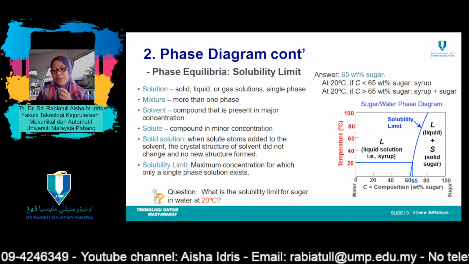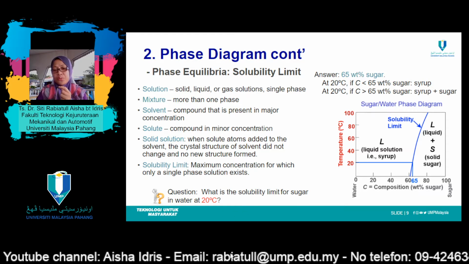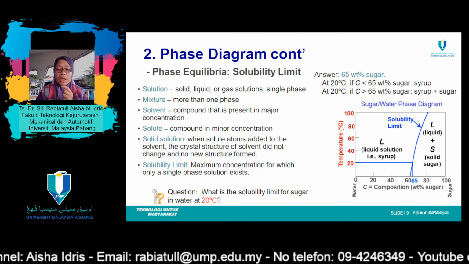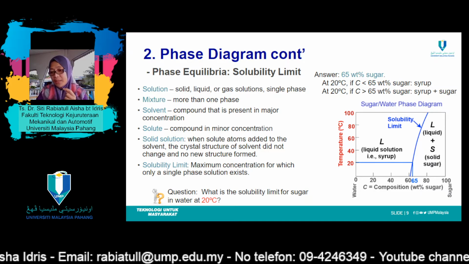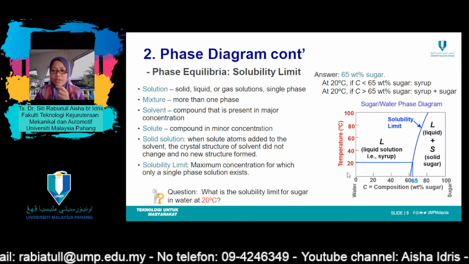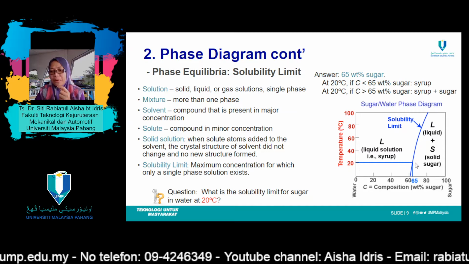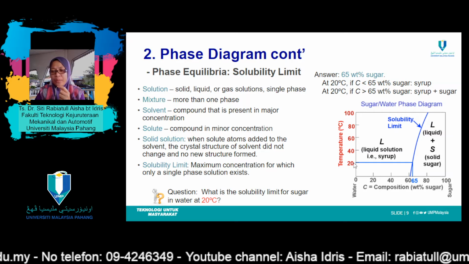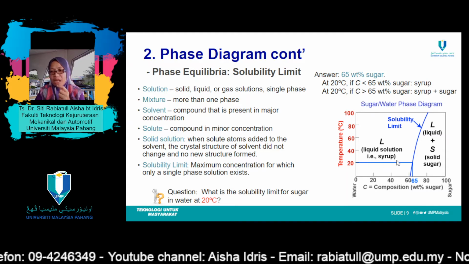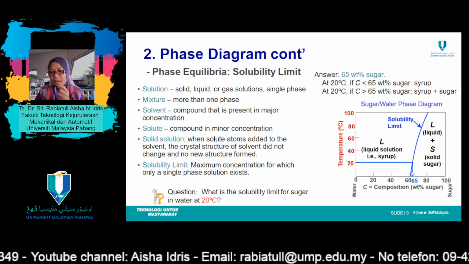And let's do an example where the question asks you to determine the solubility limit for sugar in water at a temperature of 20 degrees C. So if you look at this diagram over here, 20 degrees C for temperature, at this point, you need to make a line from temperature 20 until it reaches this solubility limit line there.